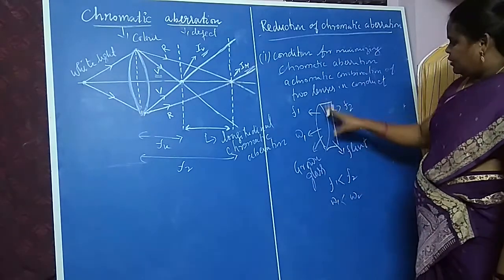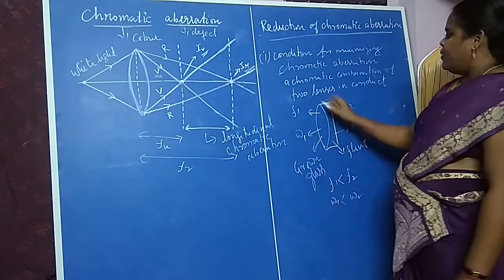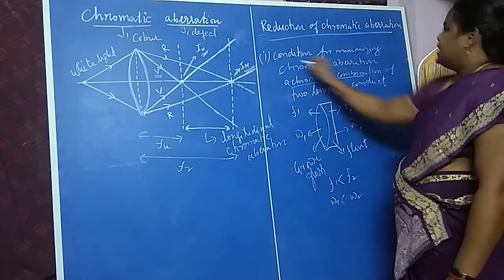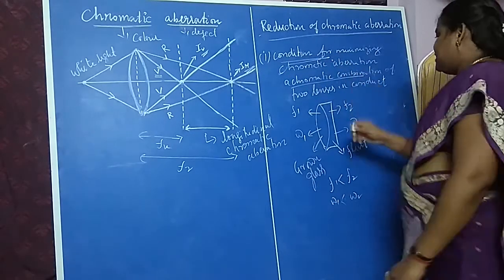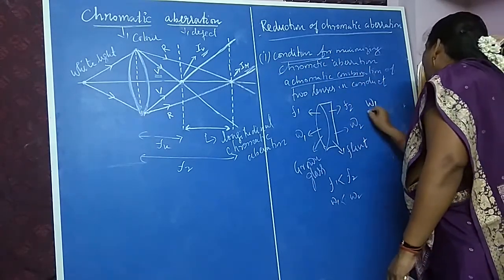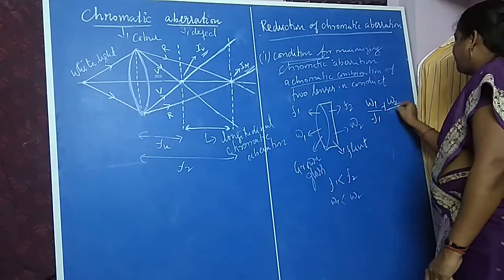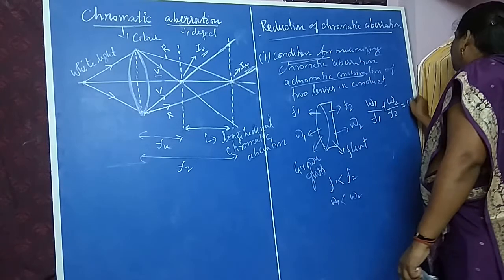Omega 1, omega 2 are the dispersive powers of these two lenses. When you use this combination, called the achromatic combination, we have a certain condition. What is this condition? Omega 1 by f1 plus omega 2 by f2 equal to 0.